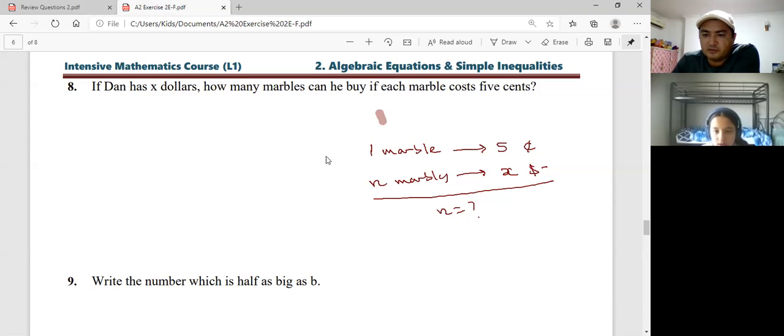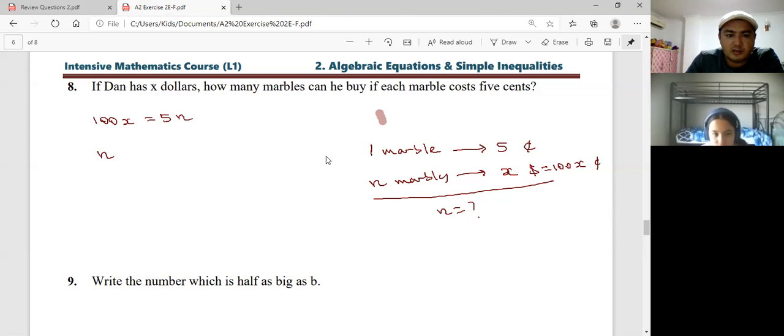So that's equal to 100X cents, right? After that, cross multiply: 1 times 100X. Here we have 100X equals N times 5, that is 5N. We are looking for N from this equation, not X. How can I find this? Divide both sides by 5.